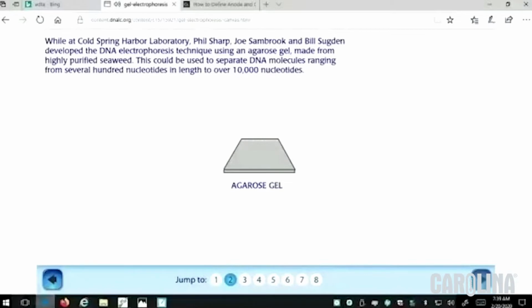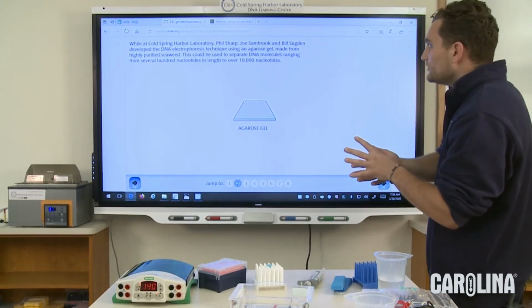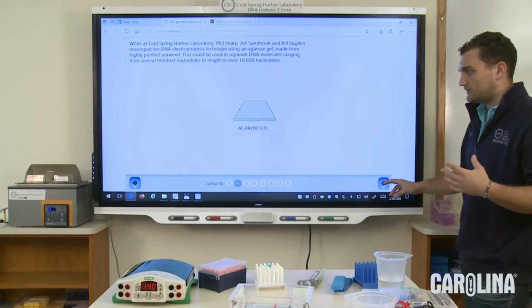What they use this technique to do is to really separate out DNA molecules. They can use this technique to separate out individual fragments of DNA that are 100 nucleotides in length to over 10,000 nucleotides in length.